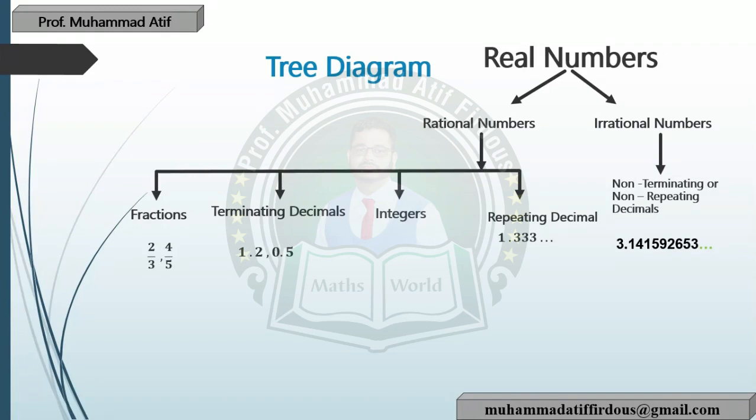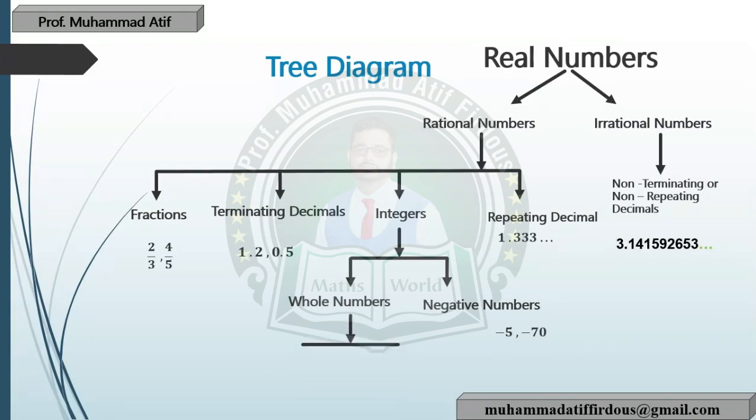An integer can be subdivided into two parts, negative integers and whole numbers. And whole numbers can be divided into two types, natural numbers and 0. So you can remember real numbers, rational and irrational numbers, with the help of this tree diagram.